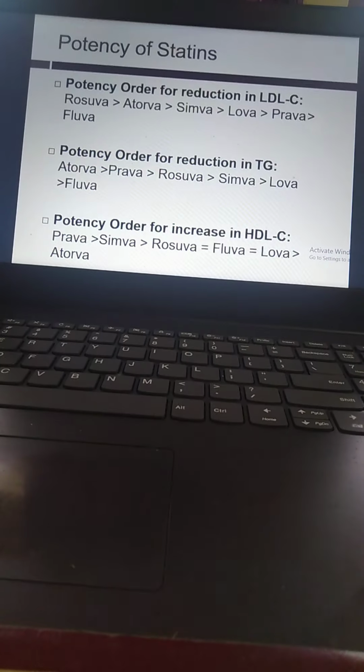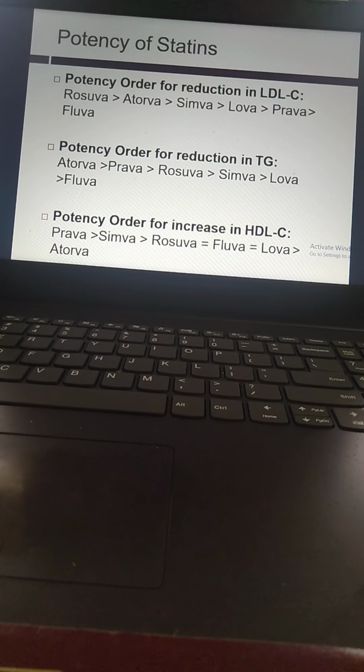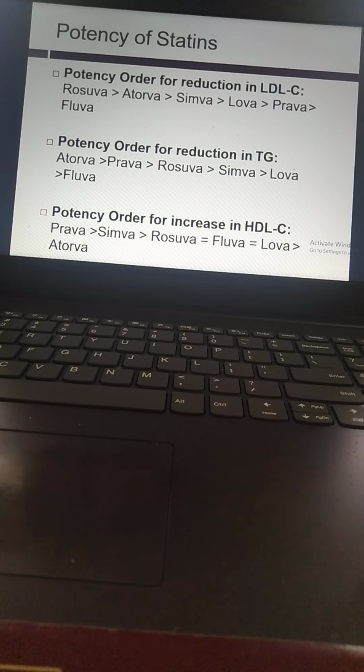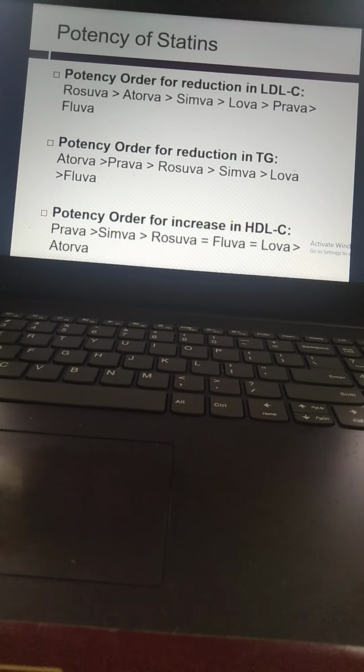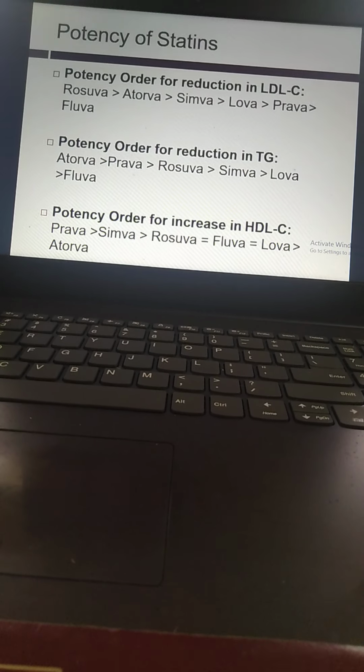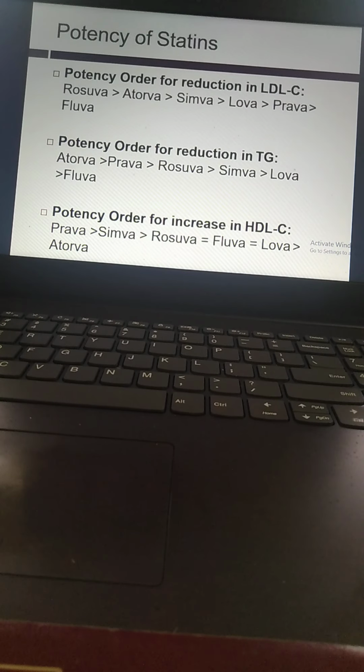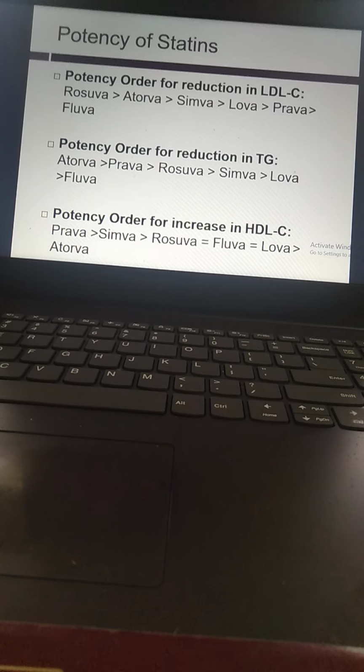Then the potency of statins. The potency order for reduction in LDL is: rosuvastatin is more potent than atorvastatin, and atorvastatin is more potent than simvastatin, lovastatin, pravastatin, and fluvastatin. So rosuvastatin and atorvastatin are the two more potent drugs. Potency order for reduction of TG: atorvastatin, pravastatin, and rosuvastatin is the third one.